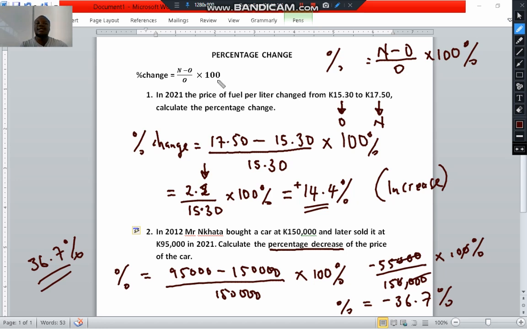Every time, you look for the new price over the old price, and then you just substitute. A positive answer, like in the first question, means increase, and a negative answer means decrease. When you find a negative answer, just know it's a decrease, but the answer is the positive of that value.